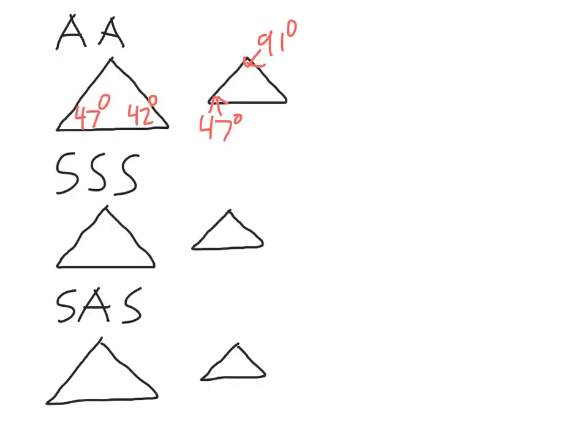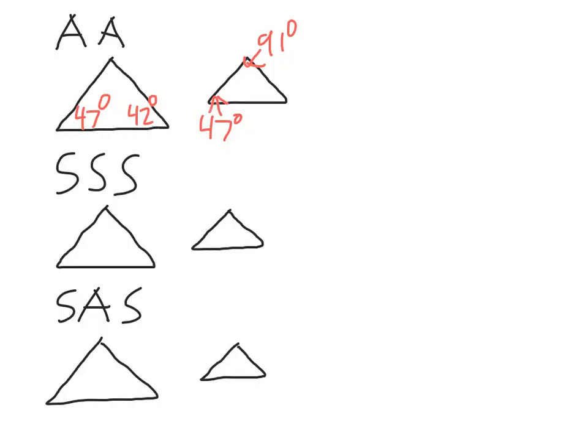Alright, now how do you use these to find out if triangles are similar? In this first one, to see if they are angle, angle, we have 47 and 42 here. In this triangle, I have arrows pointing to what the measurements are in each angle, because I didn't have enough room to write them.